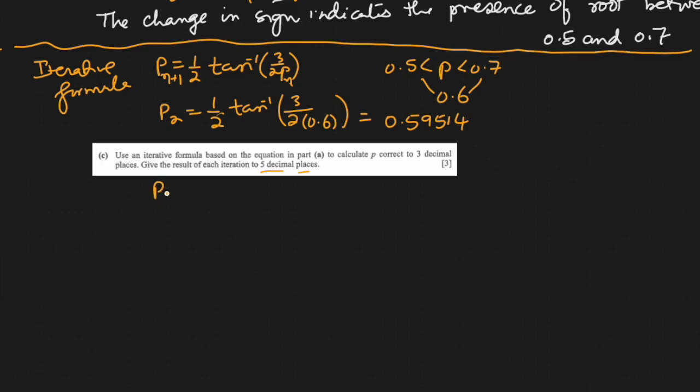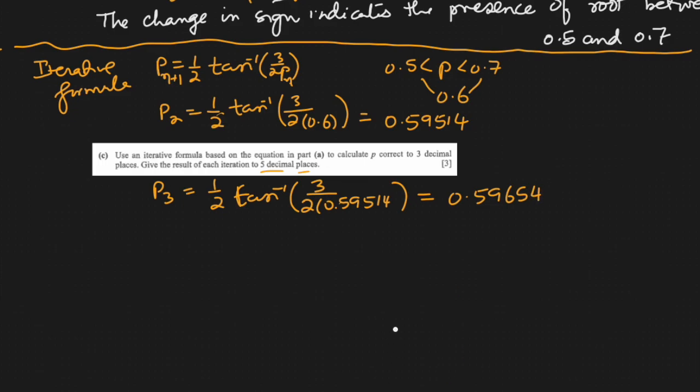Okay, P3, I'll go to the next one, and this time P2 will become the content of this. So tan inverse 3 divided by 2 times 0.59514, 5 decimal places. Okay, and if I use my calculator, I get 0.59654.